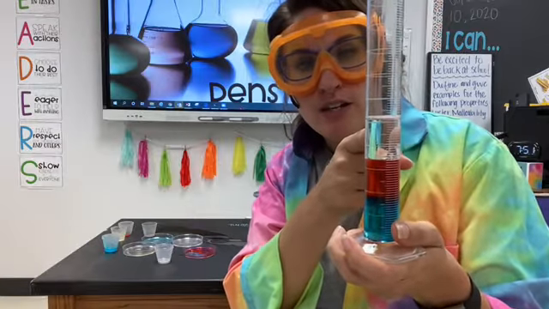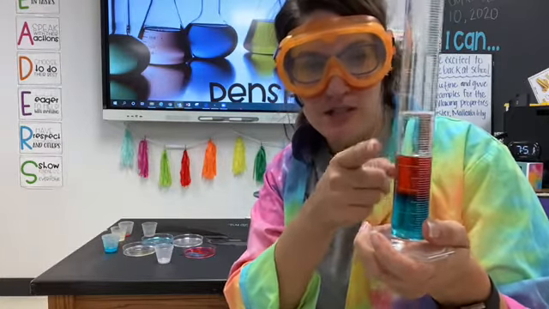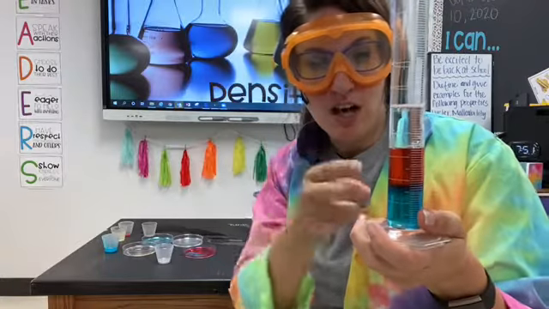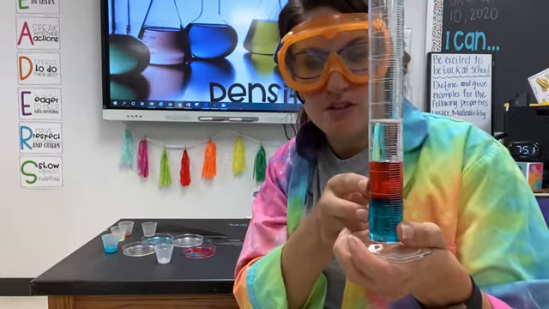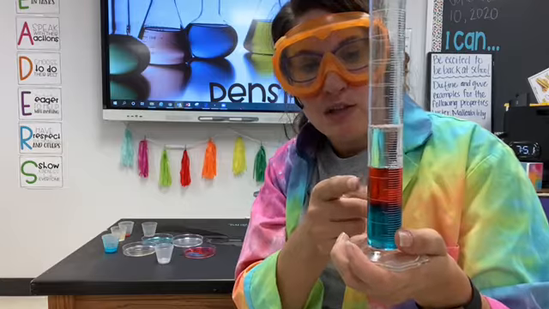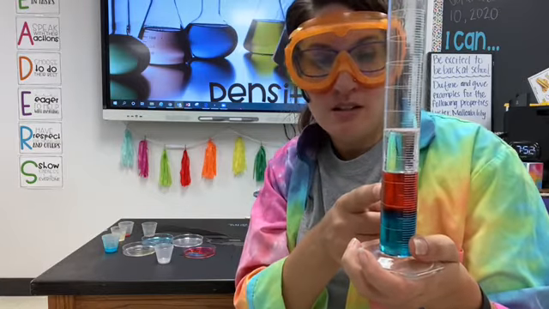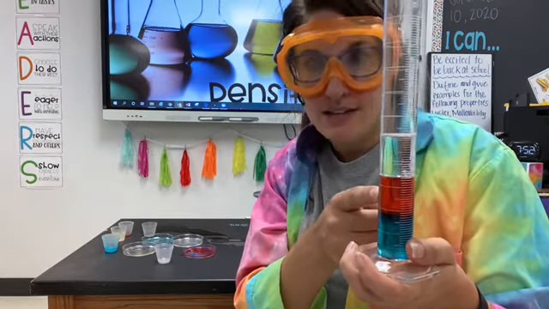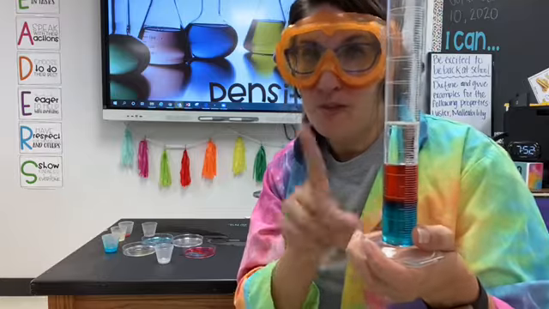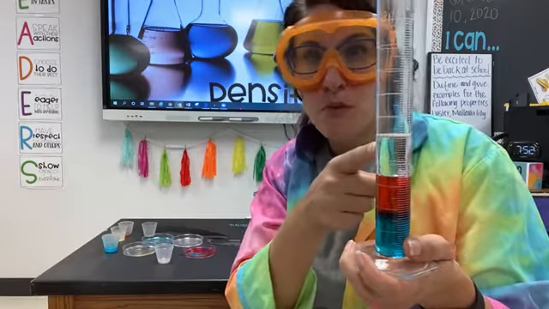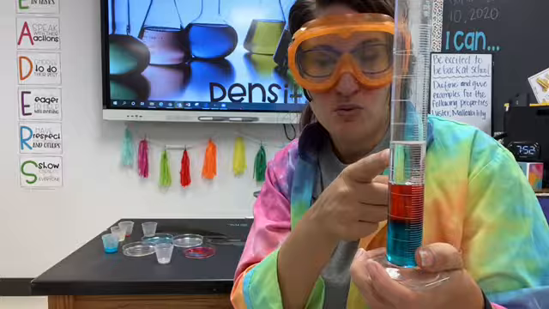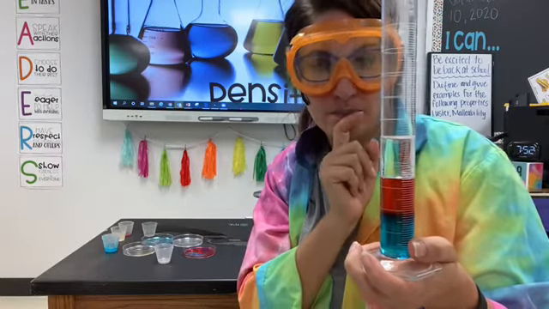Our clear liquid is the least dense because it's floating on top of both these other two liquids. Our red liquid now, we can say one of two things. We could say it's less dense than our blue liquid, but it's also more dense than our clear liquid. So we have a little bit of comparison here.